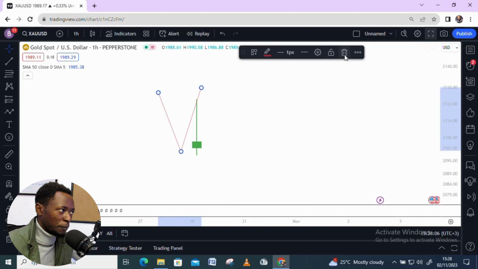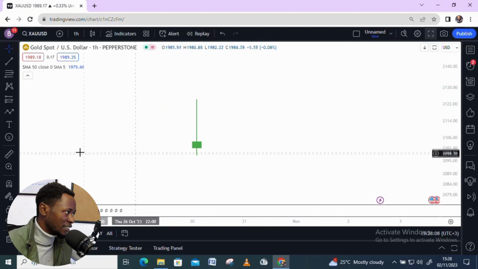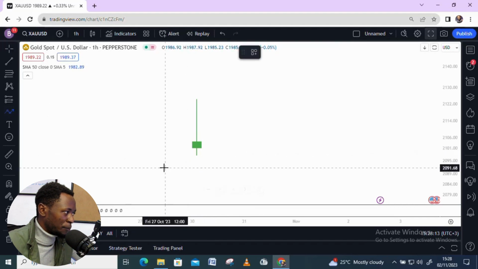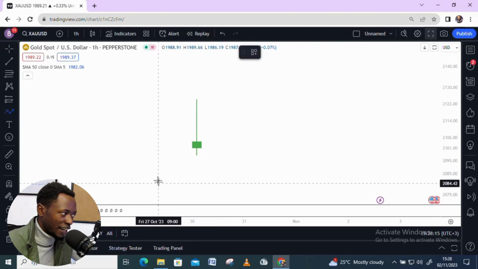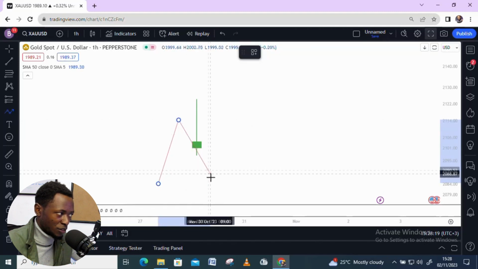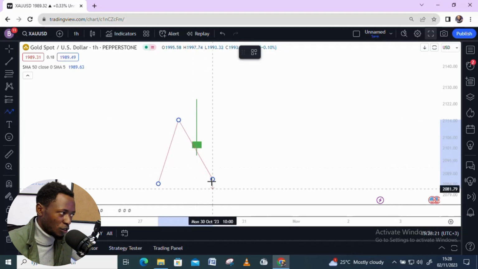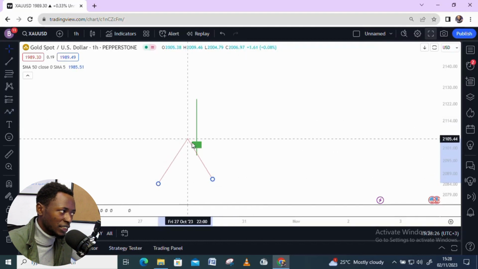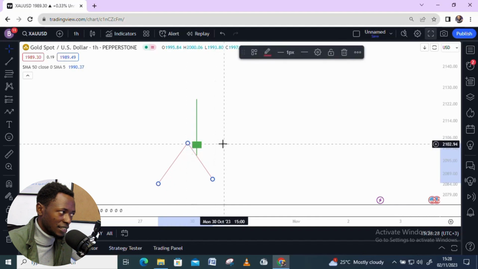Price moves higher, finds resistance, and forms a shooting star. So the shooting star shows a bearish presence in the market.